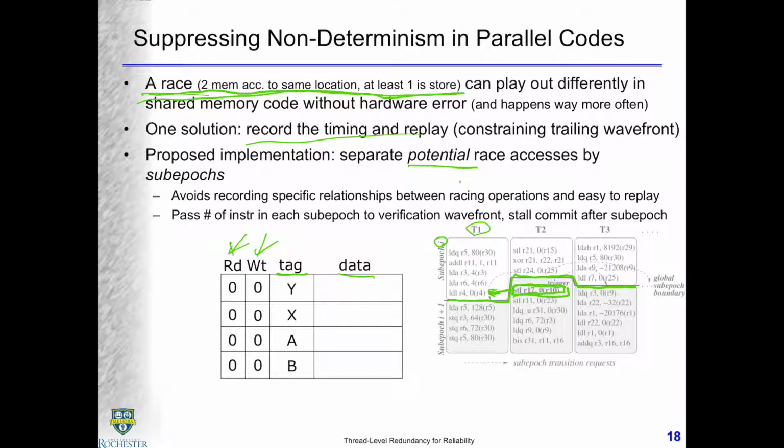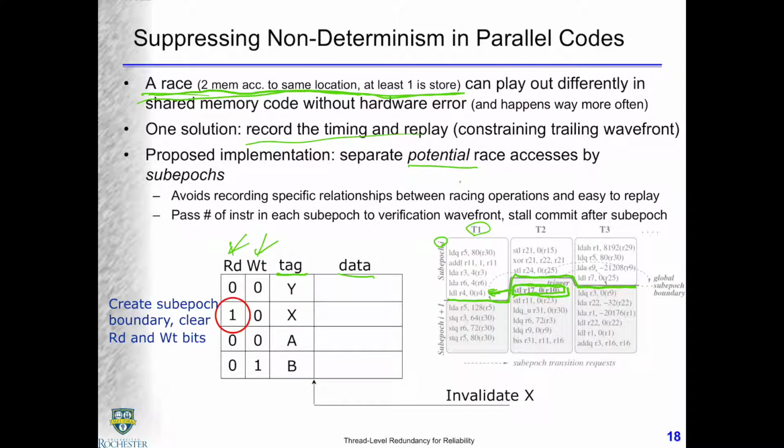When you have an access that reads a location, you go and mark it. So if you have a load, you mark it. When you have a store, you mark that. And then when you have an external invalidation or coherence message, let's say in this case it's about X, I take a look.